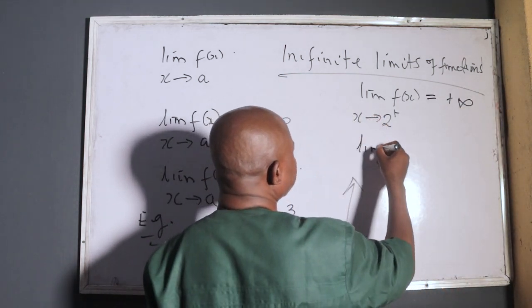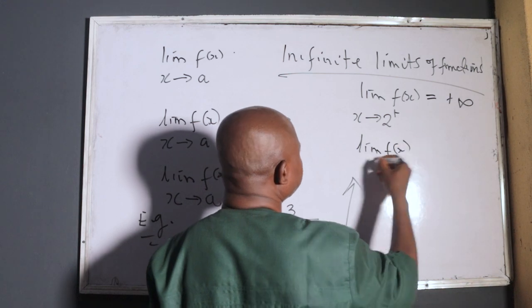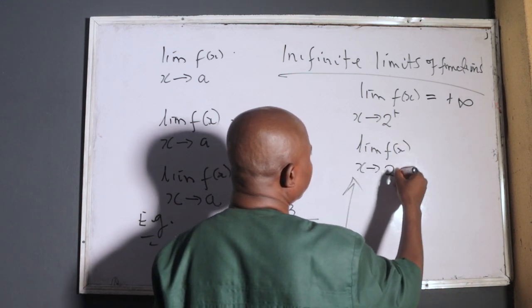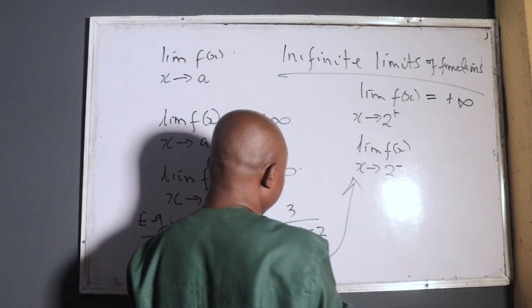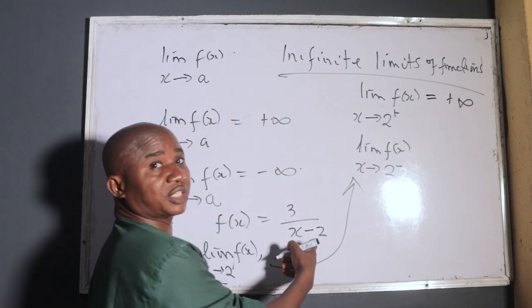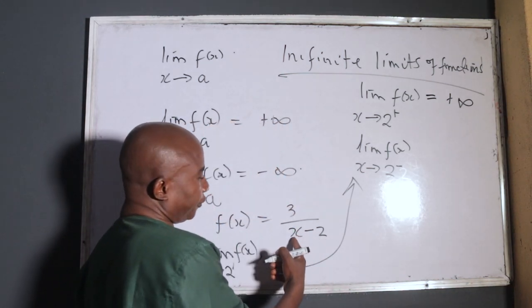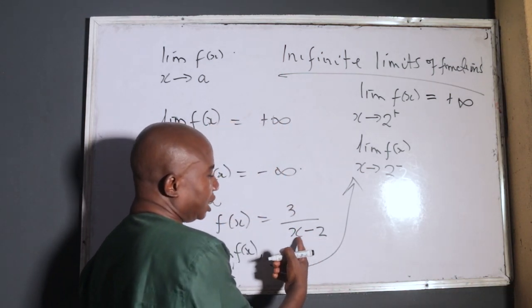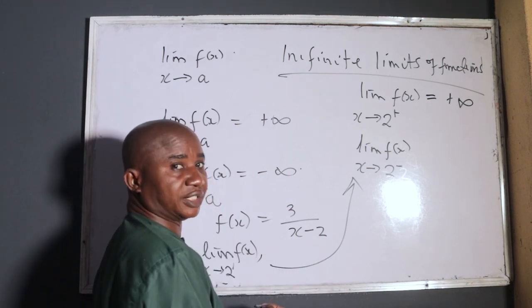Again, consider the limit of f of x as x approaches 2 from the negative side. From the negative side, I mean all numbers smaller than 2. If you consider a number smaller than 2, x minus 2 is negative.